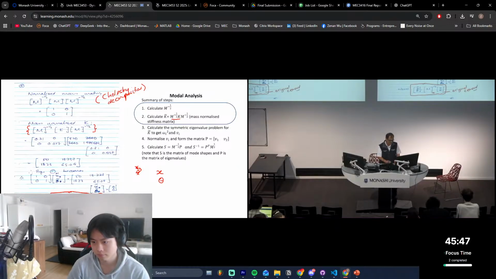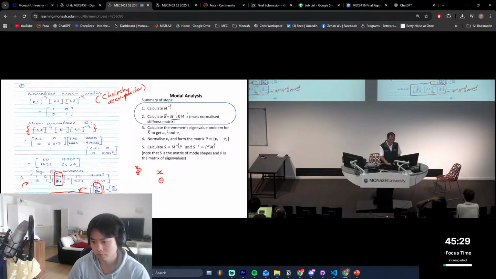Okay, so this here now will be my mass normalized equation of motion in terms of the new generalized coordinate as defined by this matrix.